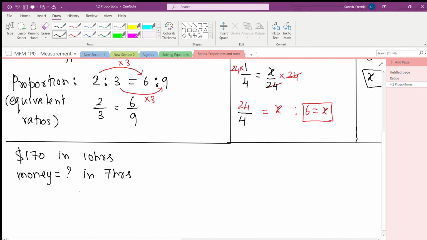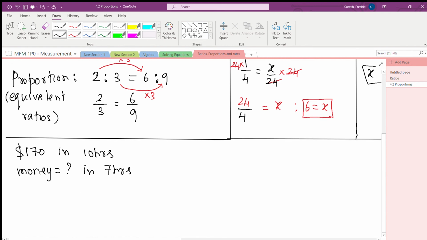So let's set up the ratio. Money is the unknown x, so that is the x value, so x over 7, and write the money on the other side, 170, and put the time on the bottom. So money, hours, and the x is money.